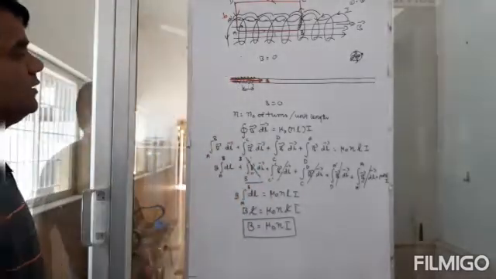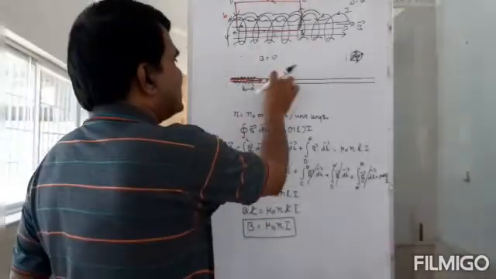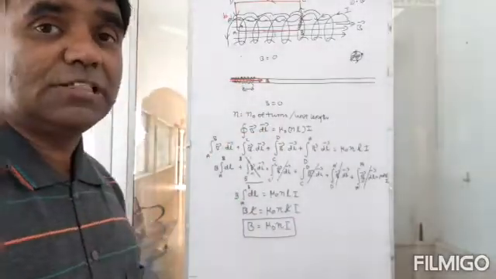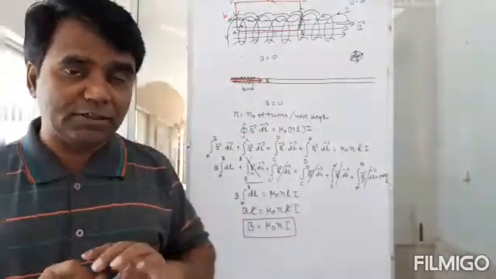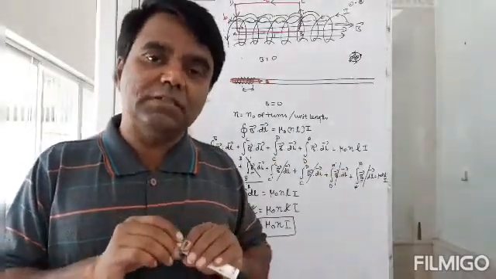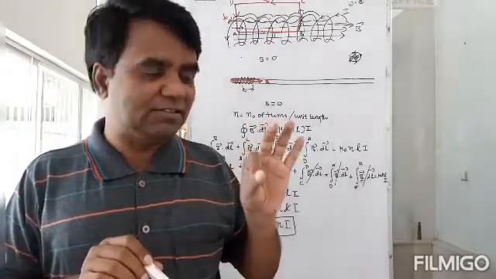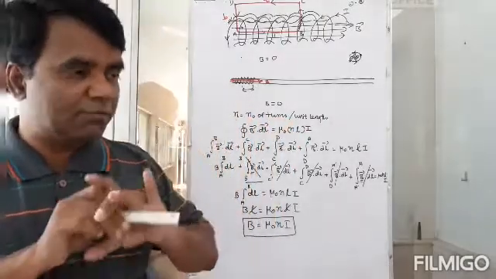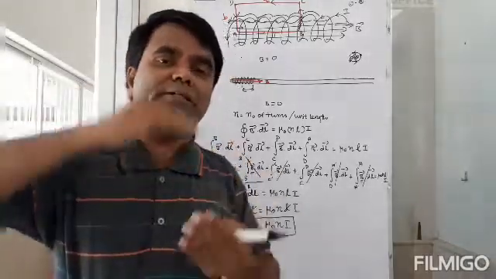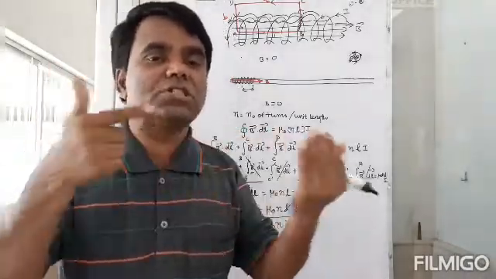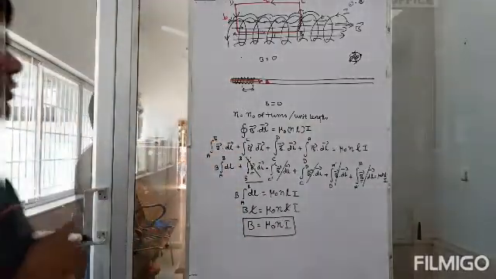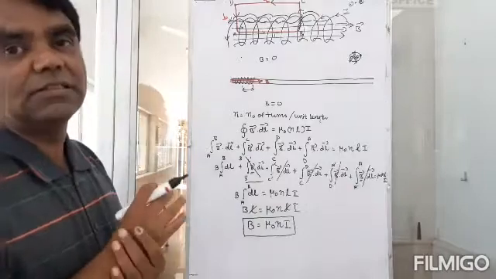So this is the magnetic field inside the solenoid. Outside it is 0. Why is it 0? Because you are considering a solenoid which is pretty long and the thickness is very small. The width of the solenoid is small compared to the length of the solenoid. So you can expect the B to be 0 outside and B to be constant inside. So this is what you get here.